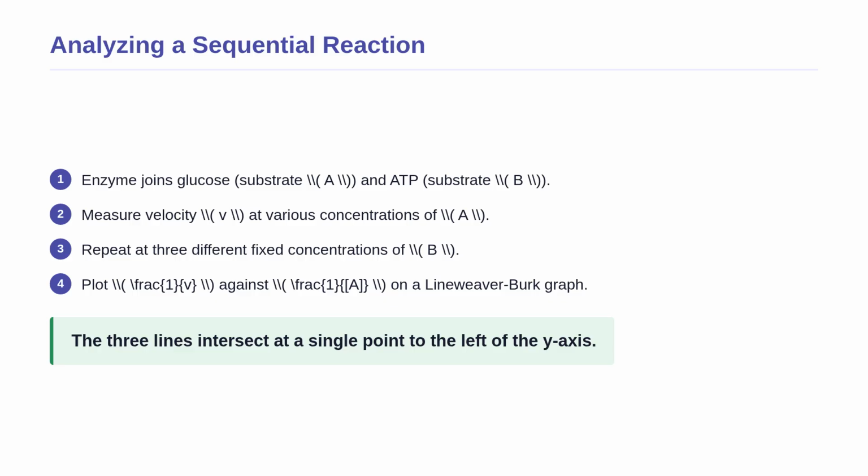When she plots the reciprocal of velocity against the reciprocal of glucose concentration, she observes something striking. The three lines intersect at a single point to the left of the y-axis. This visual intersection is the hallmark of a sequential mechanism. But why does this happen mathematically? Let us find out.